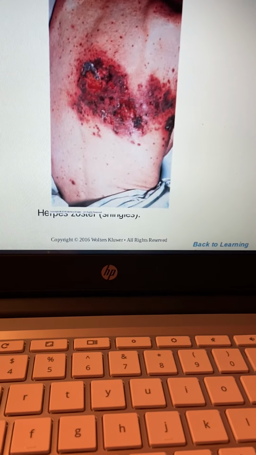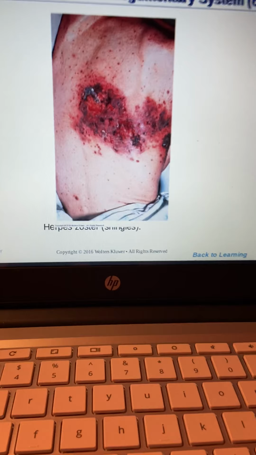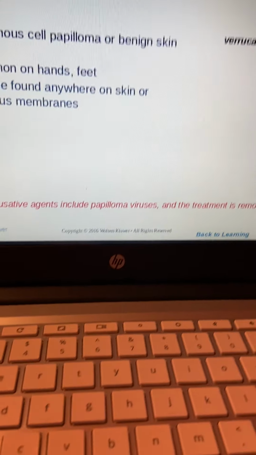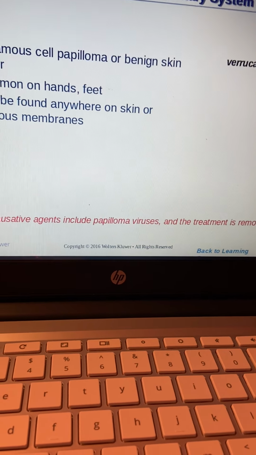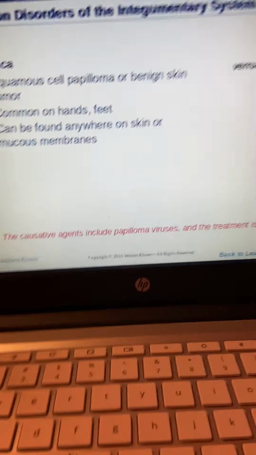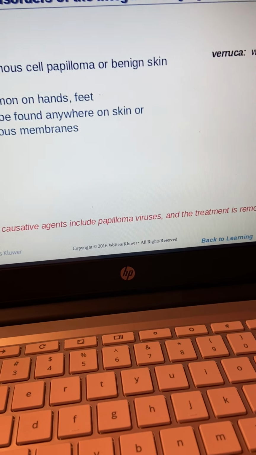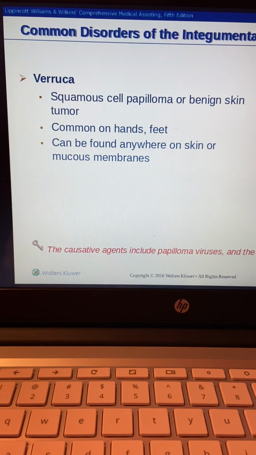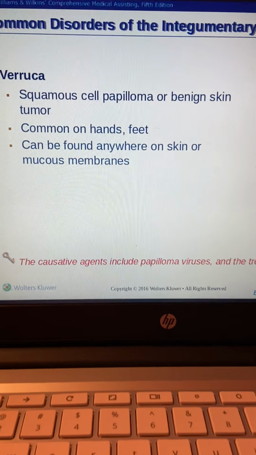This is a picture of herpes zoster, or shingles. Shingles, yes, they do follow a nerve path. So that is one way that you can tell if they're shingles or not.